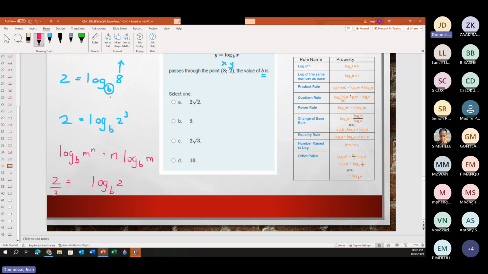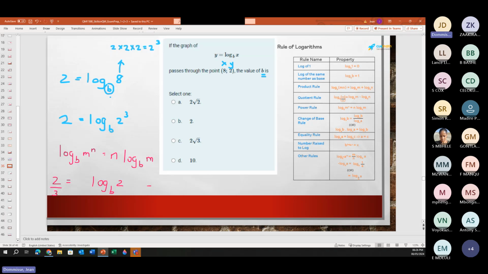So let's look at how we do that. So it is then log A, log B. So basically, that is log 2 over log B, which is equal to 2 over 3.